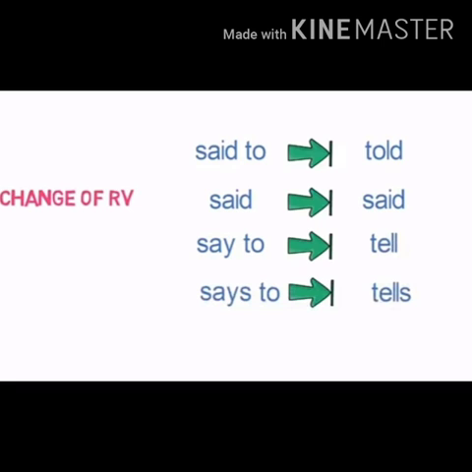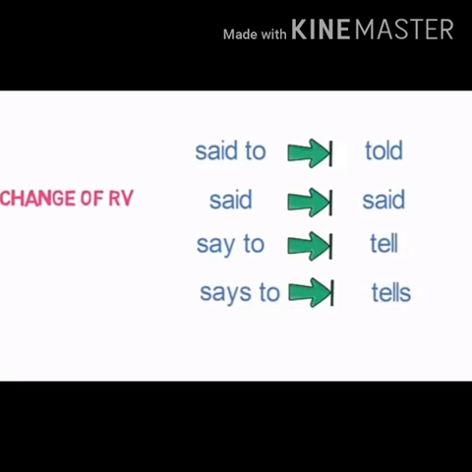Questions are introduced by reporting verbs, so we can use asked or inquired. Exclamations and wishes in reported speech are introduced by verbs such as wondered, exclaimed, wished, blamed or praised. Commands and requests are introduced by words such as ordered, requested or commanded. I hope you understand change of reporting verb.